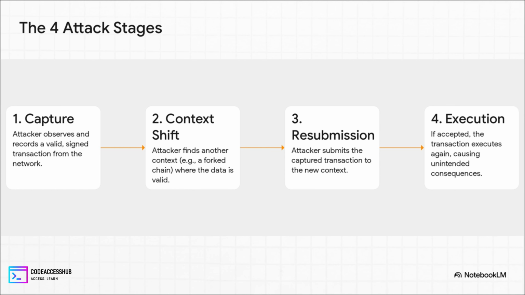They find another place, another environment where that old transaction might still look valid, like a different version of the blockchain. Third, resubmission. They just blast that captured transaction into this new context. And finally, number 4, execution. If that new network says, hey, this looks legit, the transaction runs again. And that's when you get some really nasty, unintended consequences.